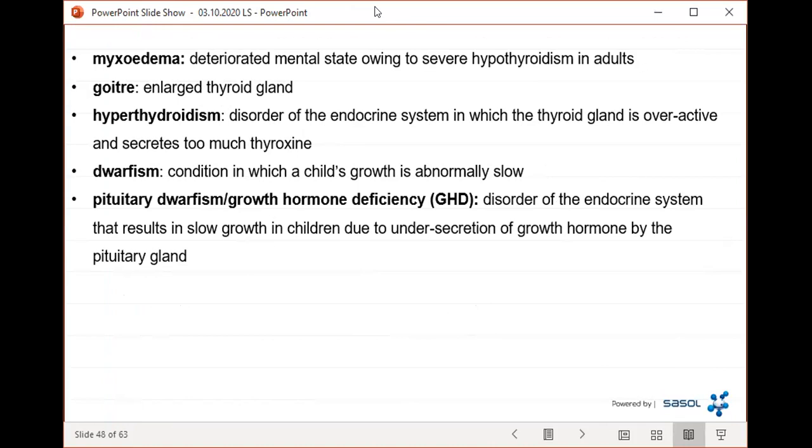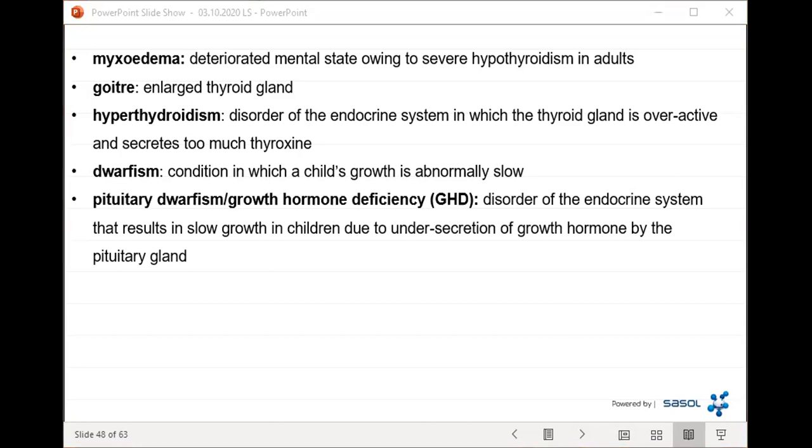Dwarfism is a condition in which a child's growth is abnormally slow. Then pituitary dwarfism, or what we call growth hormone deficiency, is a disorder of the endocrine system that results in slow growth in children due to undersecretion of growth hormone by the pituitary gland.